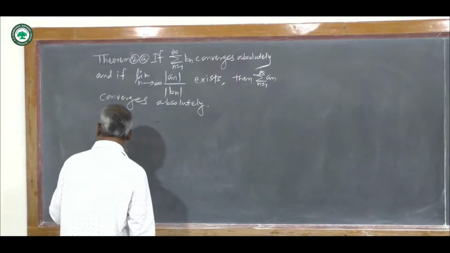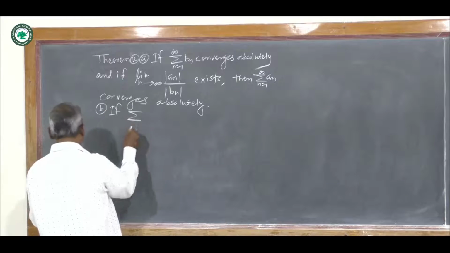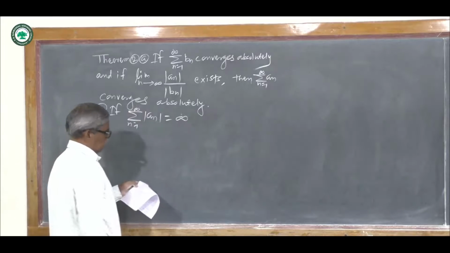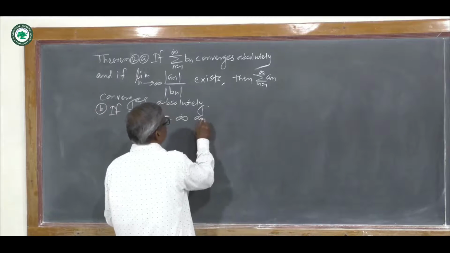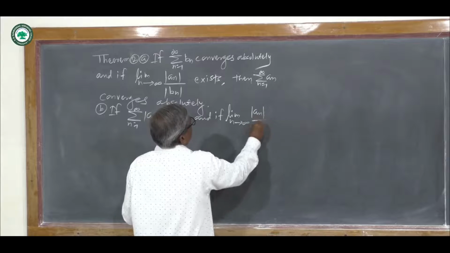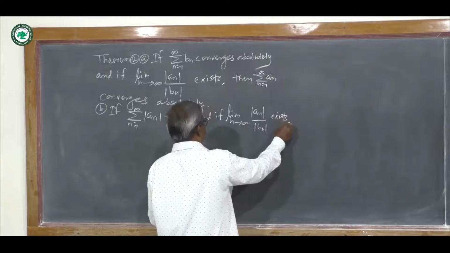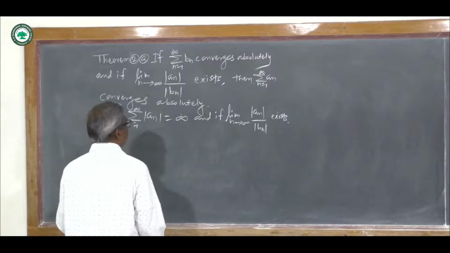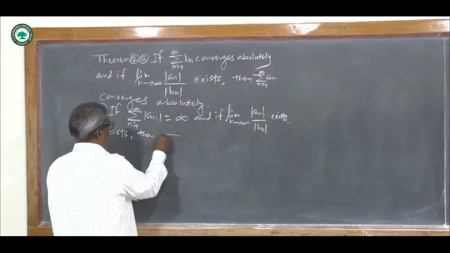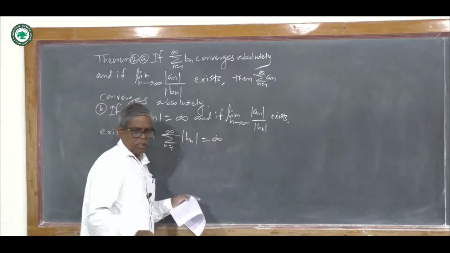B, if sigma mod an is equal to infinity, and if limit n tends to infinity of mod an by bn exists, then sigma mod bn, n equal to 1 to infinity, is also equal to infinity.